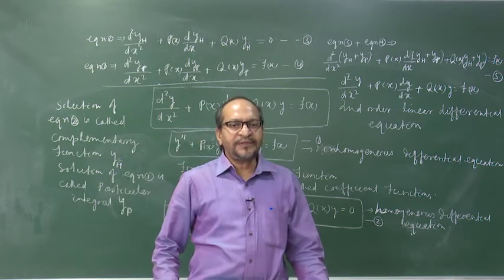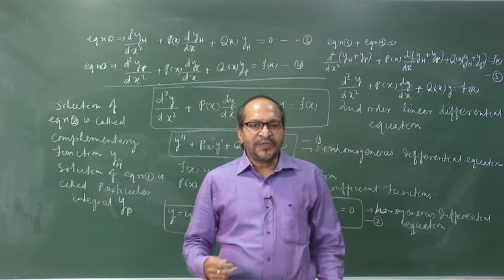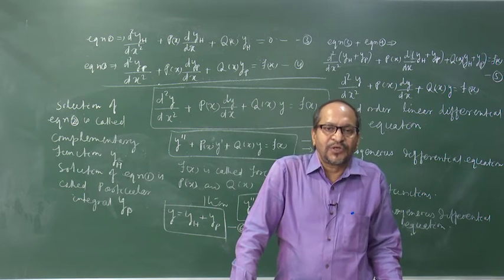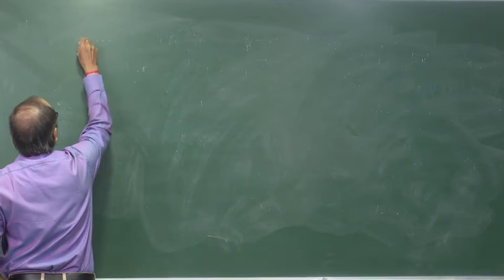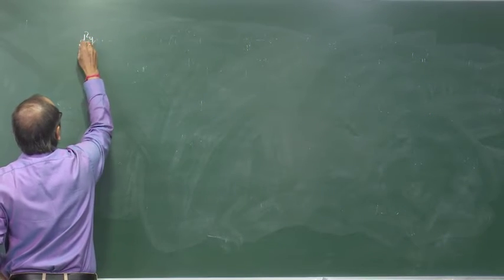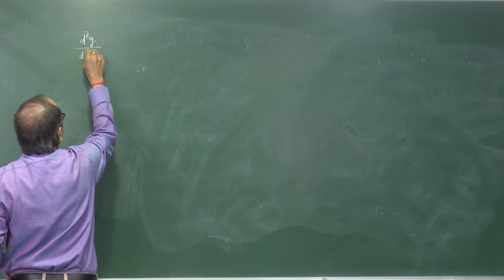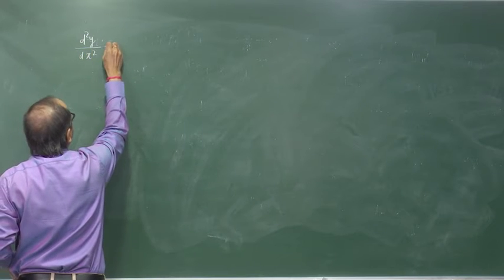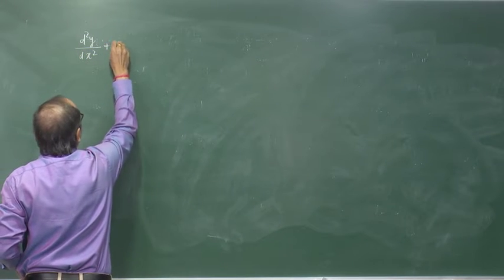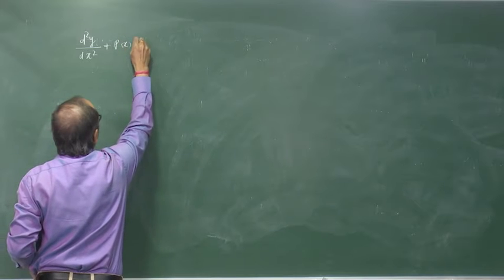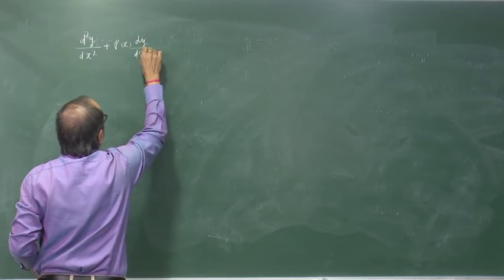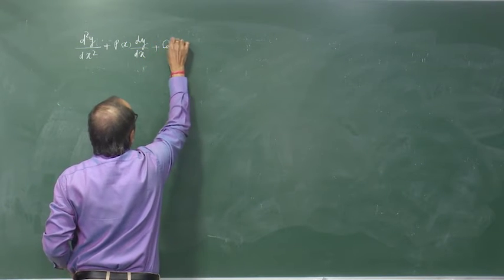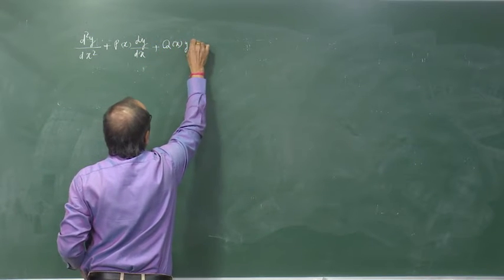Then coming to the properties of the solutions of a homogeneous differential equation. Suppose our linear second order homogeneous differential equation is d square y by dx square plus p of x into dy by dx plus q of x into y is equal to 0.